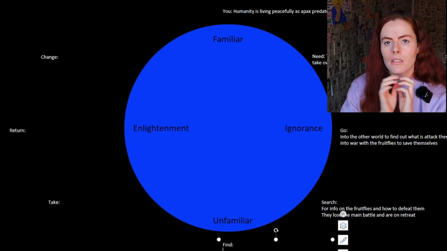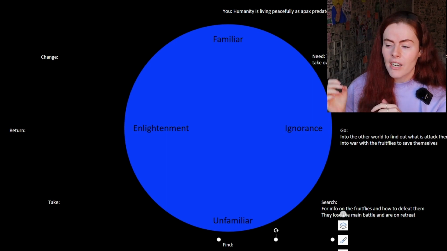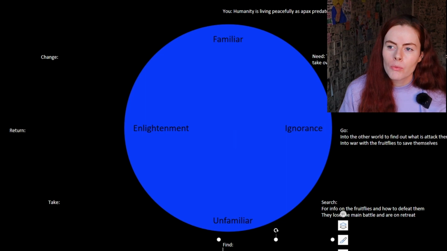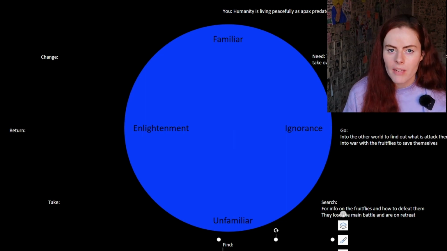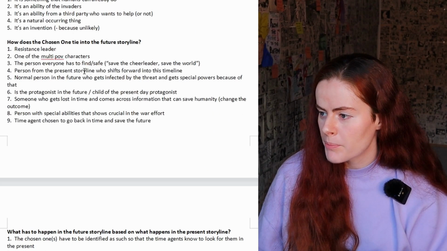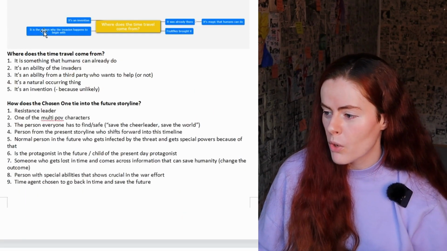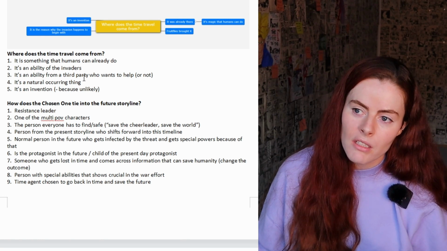Whereas in the storyline where they're off-world, they could actually find two things there. On one hand, they could find the time travel, because we still have to figure out the time travel. So far, I had a few options which I brainstormed yesterday on how to deal with it. One of them was that humans could always do it, but I don't like that.